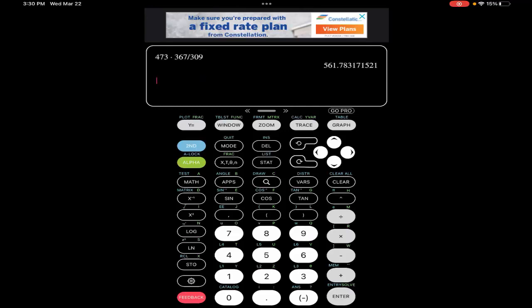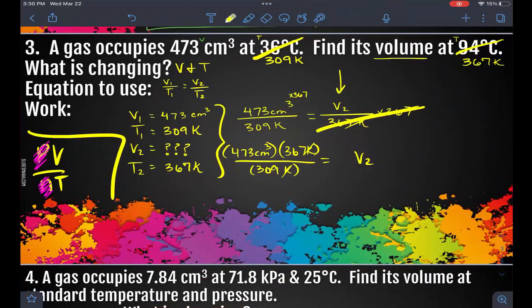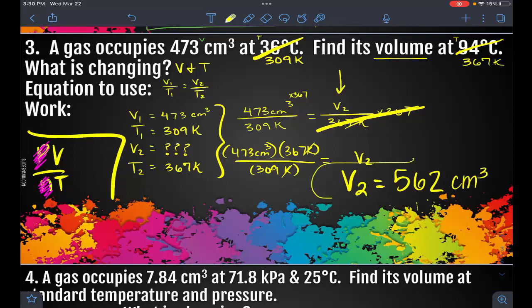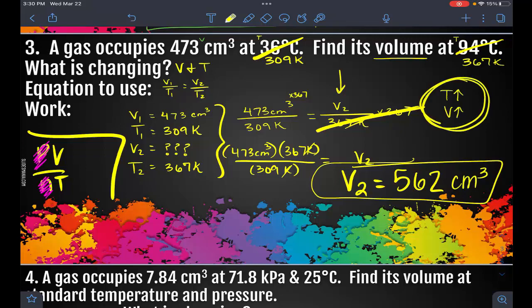I get 562. So V2 is 562. The volume unit will remain the same, cubic centimeters. All right, the temperature increased and so did the volume. The temperature went up and the volume went up because they are a direct relationship.